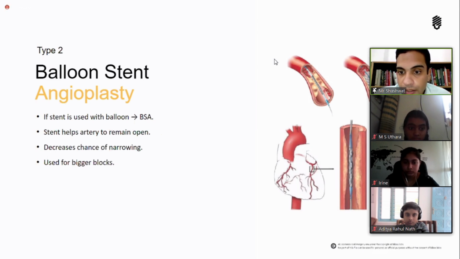Okay. Now, who'll quickly tell me the difference between type 1 and type 2 angioplasty? Kirti Vasan. What's the difference between type 1 and type 2 angioplasty?